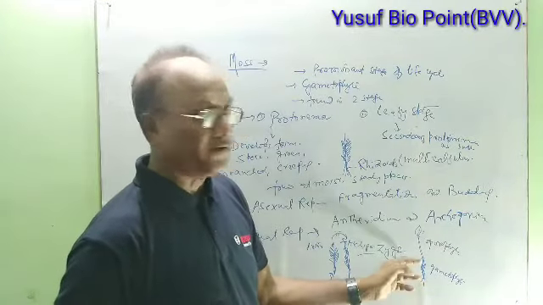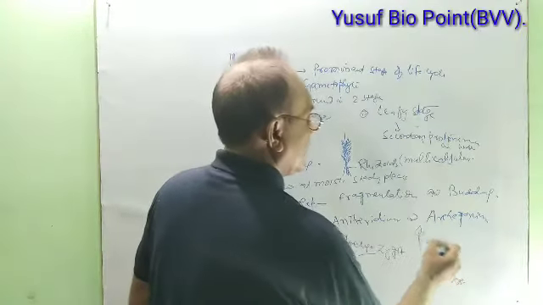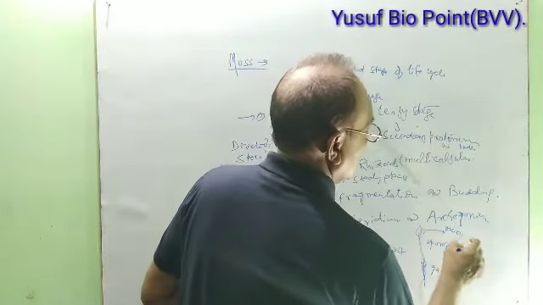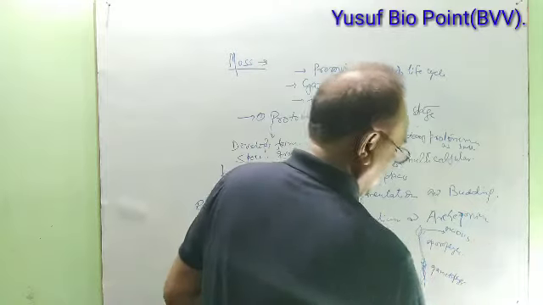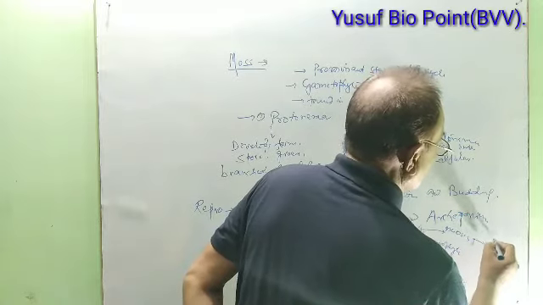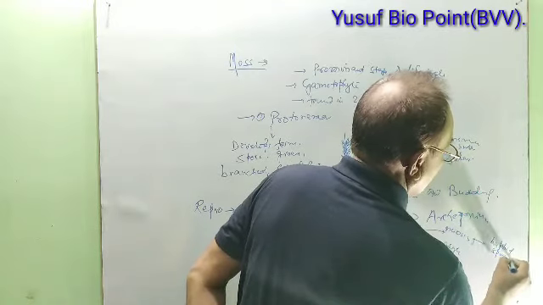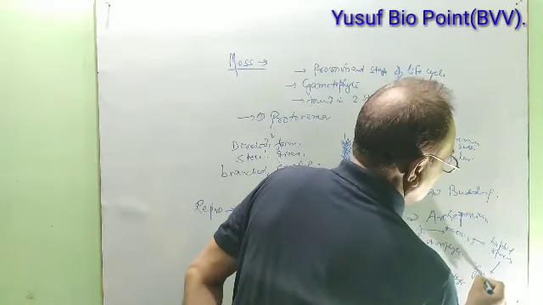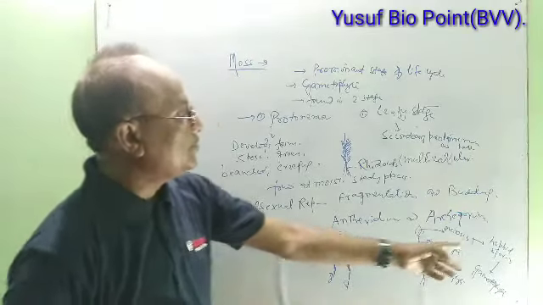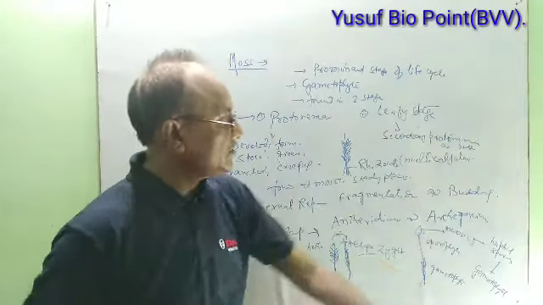Because the gametophyte is photosynthetic in nature, it makes food and supplies it to the sporophyte. Here in the spores, meiosis takes place and forms haploid spores, which develop into gametophytes. Meiosis takes place in the spores and the haploid spores are formed, which develop into gametophytes.